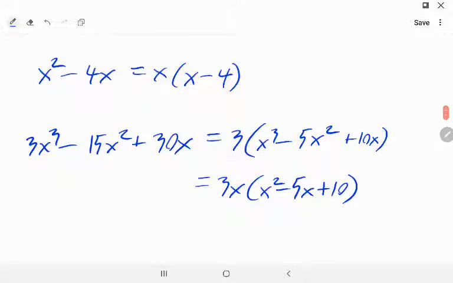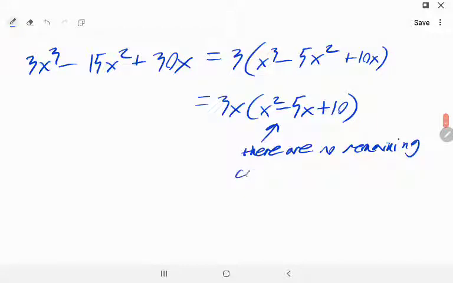We could also just pull the 3x out entirely in the first place. The main issue to watch for is that there are no remaining common factors other than 1. We'll often have common factors of 1 or negative 1. We'll talk about that in a moment.